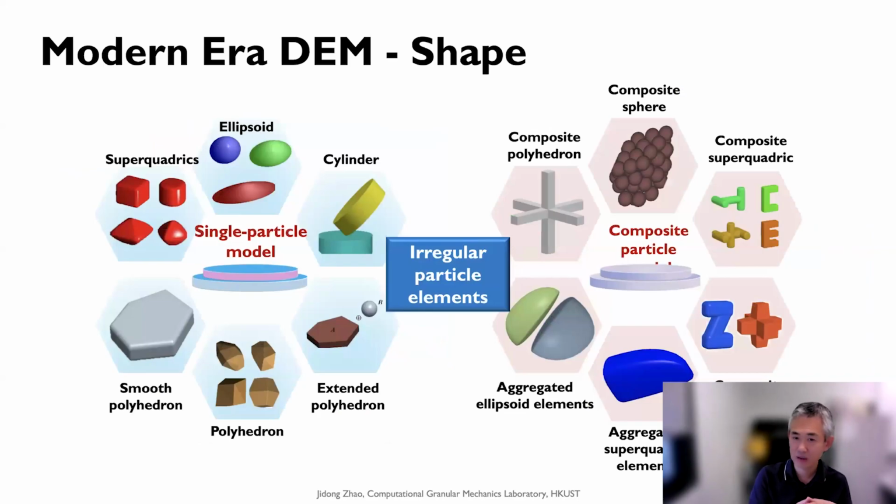If we take a quick look at modern-day DEM, a lot of researchers tackle the simulation of different shapes, including superquadrics, ellipsoidal shapes, cylinders, and then smooth polyhedra, extended polyhedra, and combinations of them to form composite shapes, to tackle different applications and different types of granular matter.